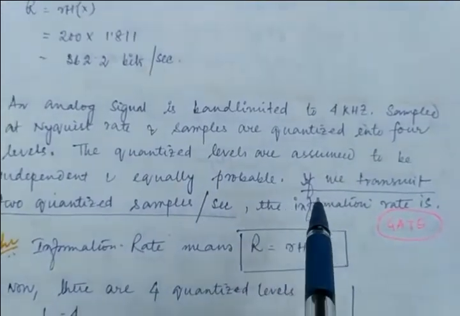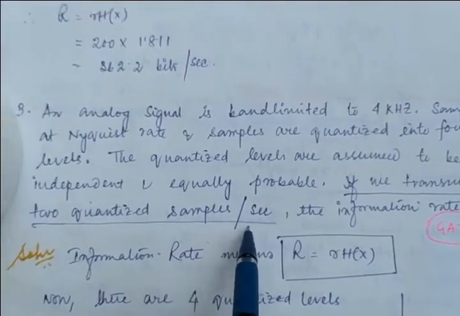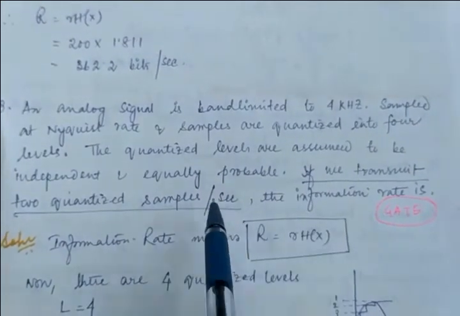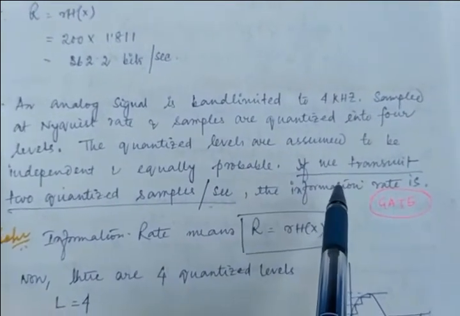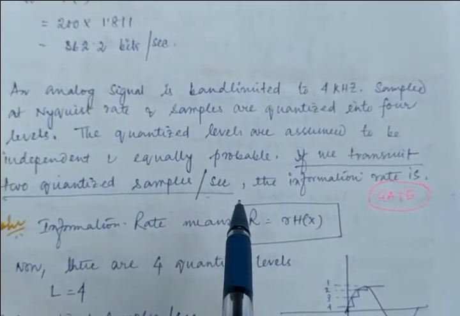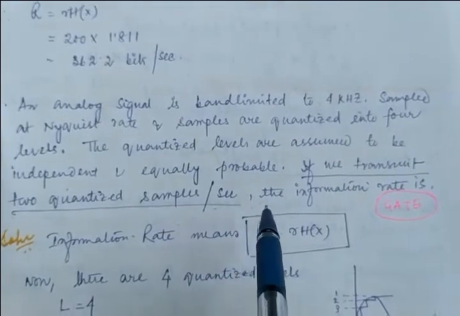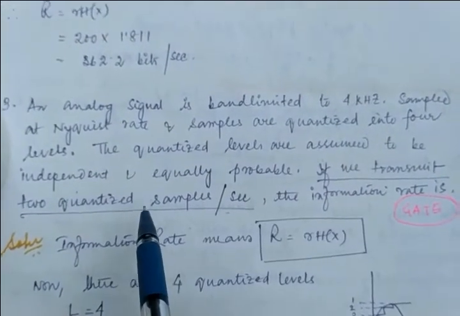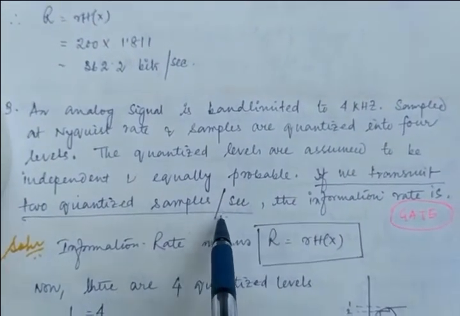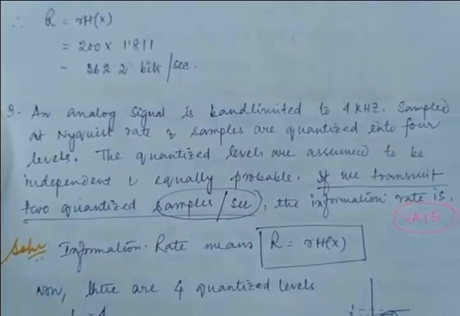So if we transmit 2 quantized samples per second, this is the highlighted one. I have already underlined that part. That will help you solve the questions in a very tricky way. Please concentrate on this unit.